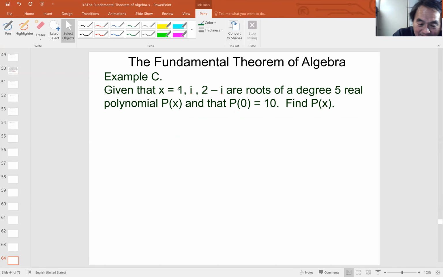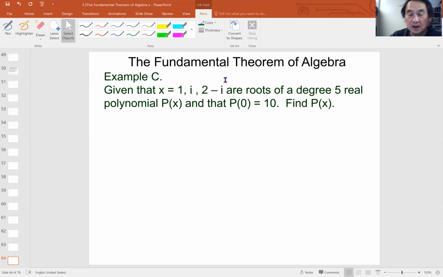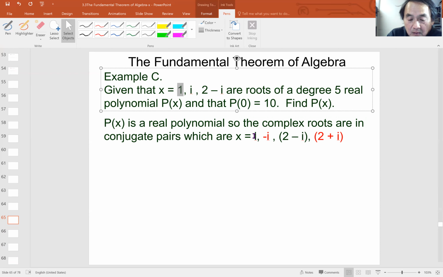Sorry, with 1, i is a root, minus i has to be a root. 2 minus i is a root, 2 plus i has to be a root. Okay, so those are inferred because they are conjugates. So hence the complete list of roots is 1, i, minus i, 2 minus i, 2 plus i.